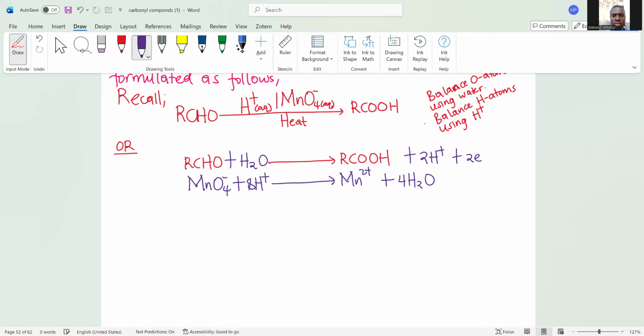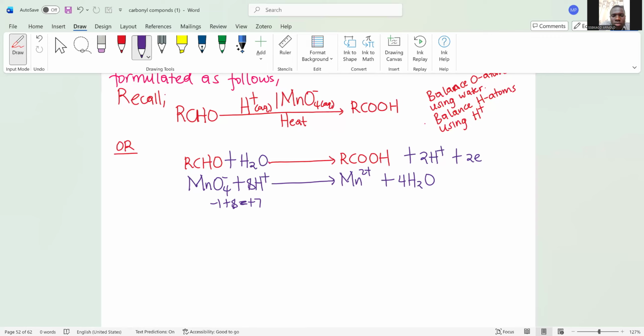Then I have minus 1 on MnO4 and 8 plus on hydrogen. That is a charge of +7.